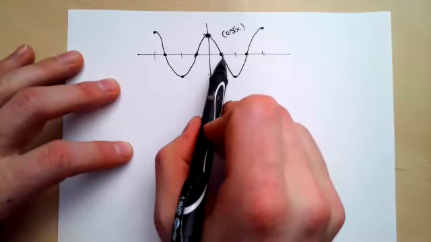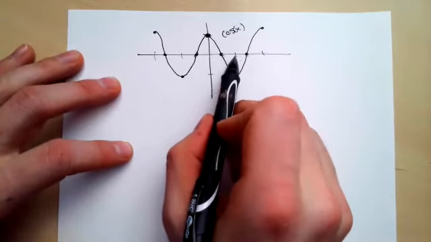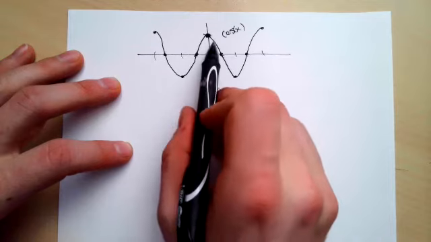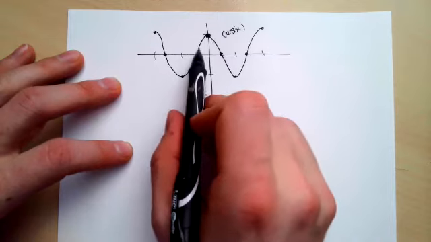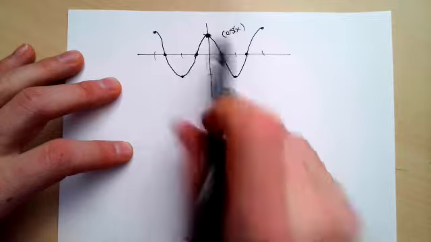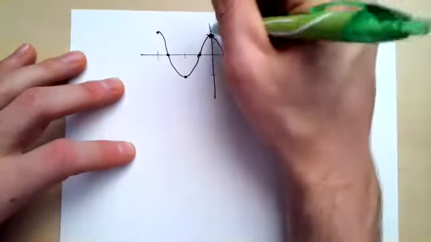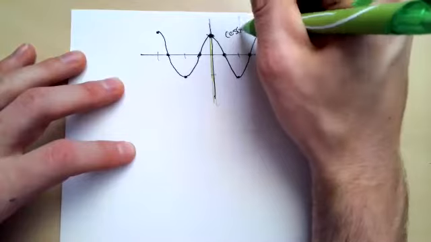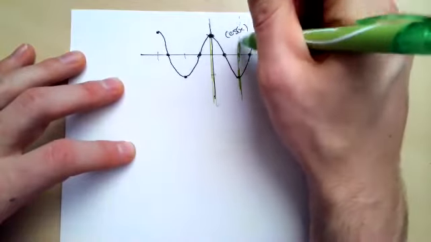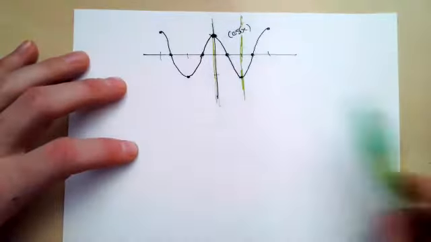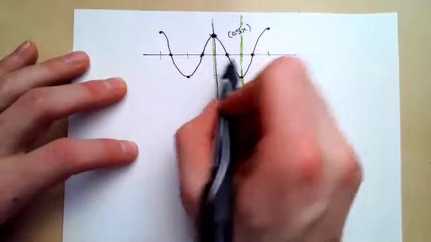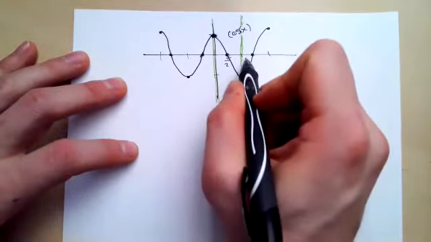But we also need to include where cosine is negative. And we don't want to include quadrant 4 because cosine is positive there. So instead, we are going to restrict cosine to this domain from 0 up to pi.